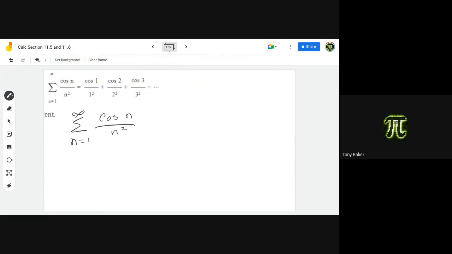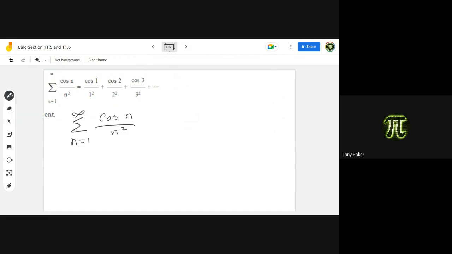As it sits, this switches back and forth, but it doesn't alternate. Depending on whether n in this case is radians or degrees determines where it switches. So as it sits right now, it doesn't fit the alternating series test.